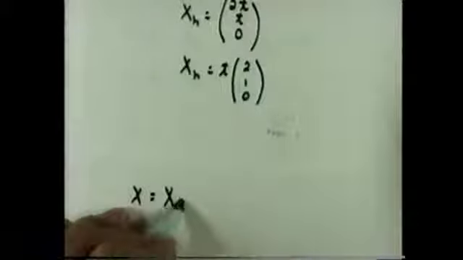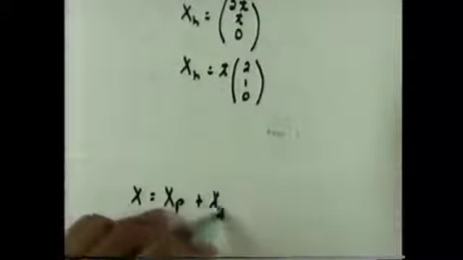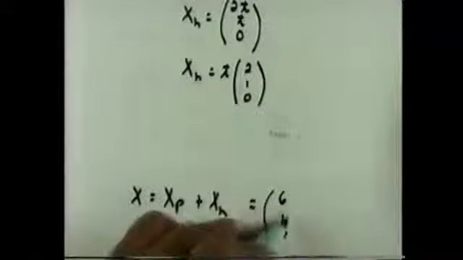So then my solution x is going to be xp plus xh, which is going to be 6, 1, 0 plus t times 2, 1, 0 for some real number t.